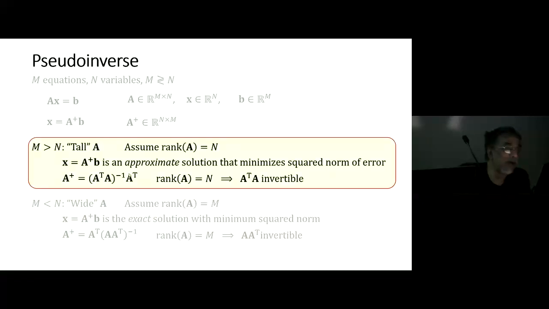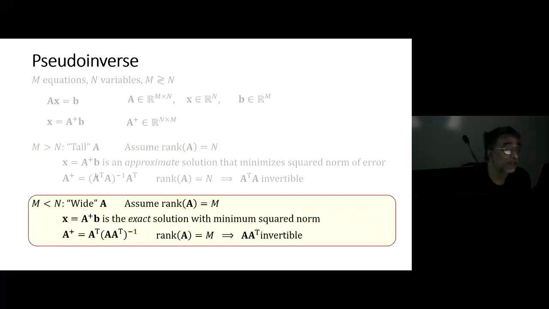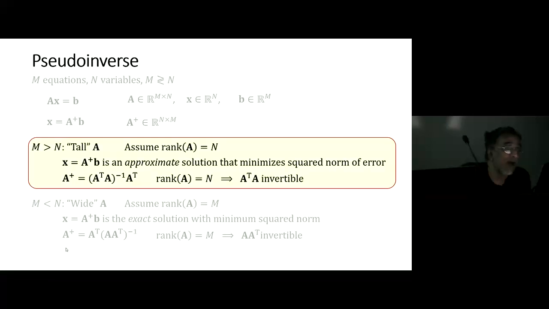And here you would have, again, open up the parentheses, first take A inverse, then A transpose inverse A transpose. And then it simplifies to A inverse. So both expressions are valid, and they reduce to A pseudo-inverse equals A inverse when m equals n, and that we've seen before.